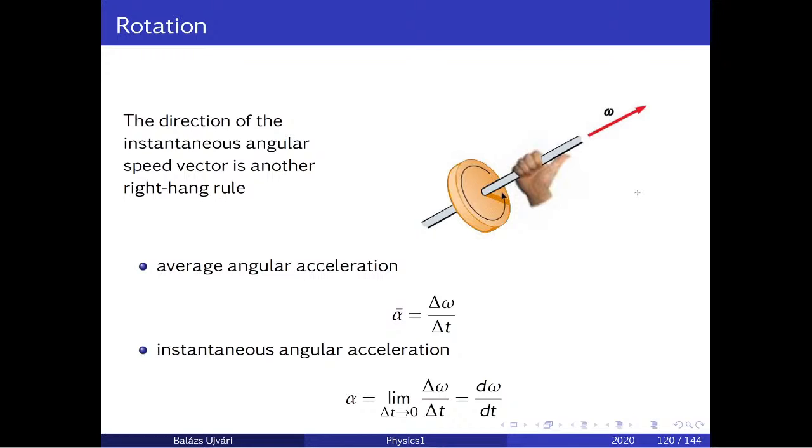The angular acceleration in this case is parallel with the angular velocity. If we decrease the angular velocity, means we slow down the rotation, the angular acceleration will be opposite to the angular velocity.